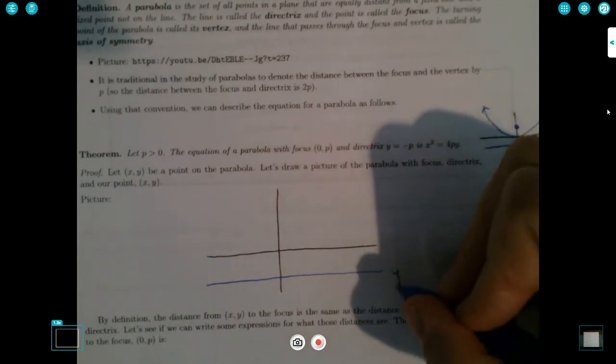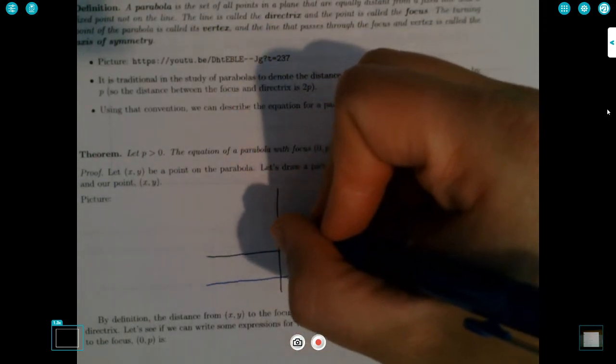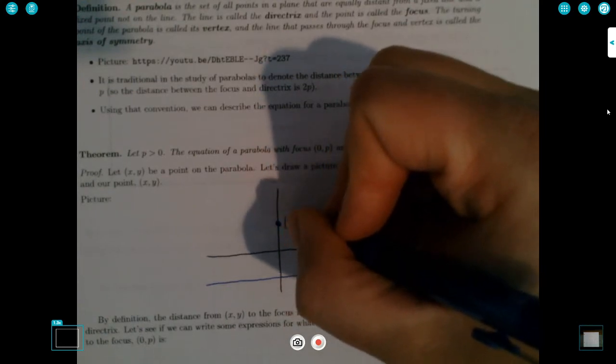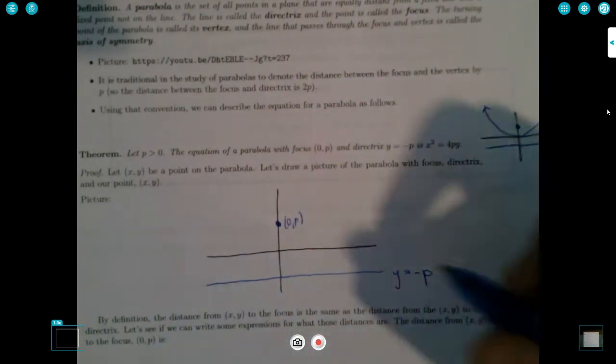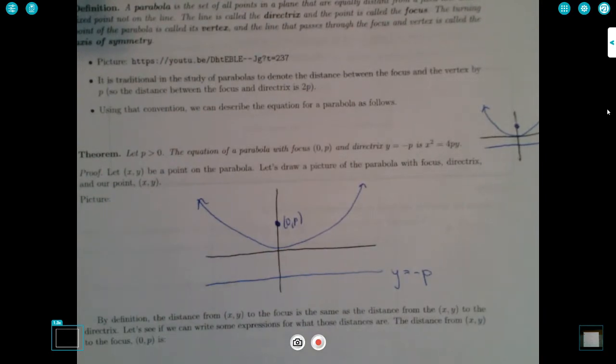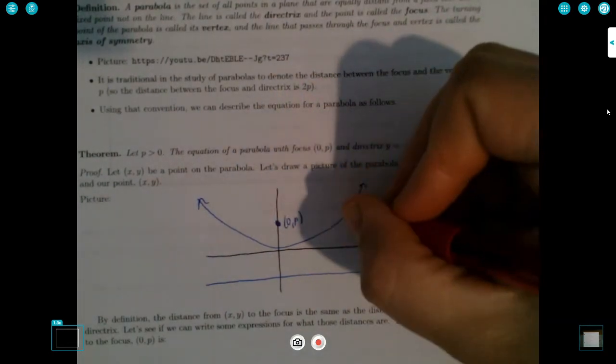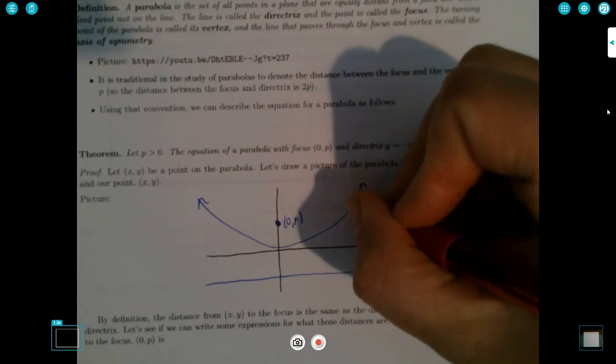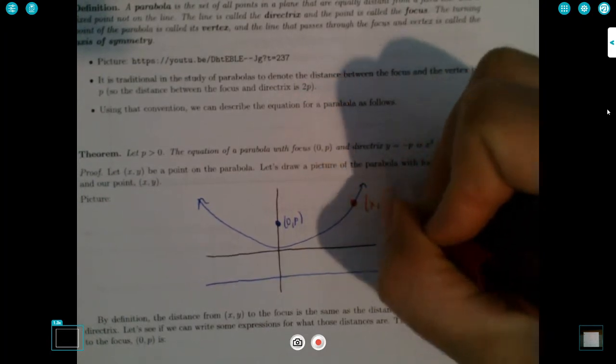This is our directrix, y = -p, and this is our focus, (0, p), and the resulting parabola would have to look something like this. If we take a random point on this parabola, like this one right here, this is going to be our point (x, y).